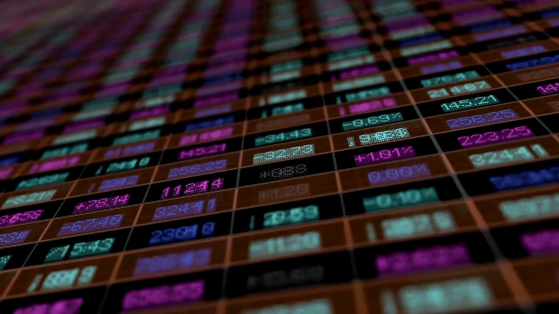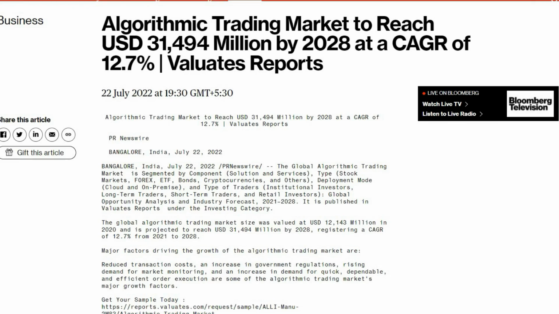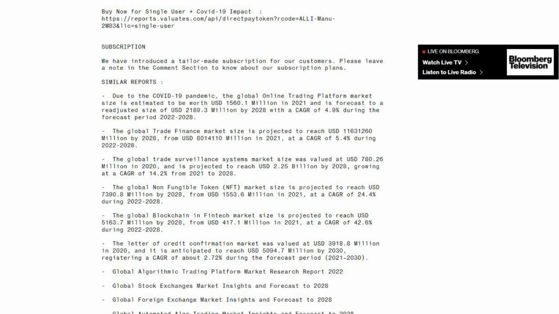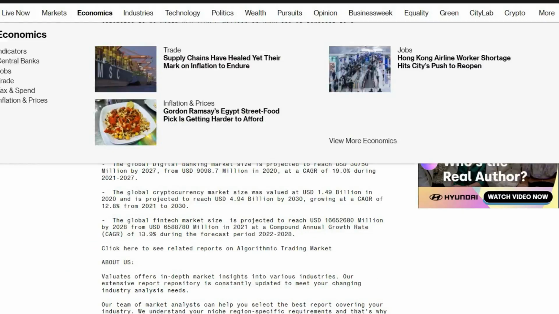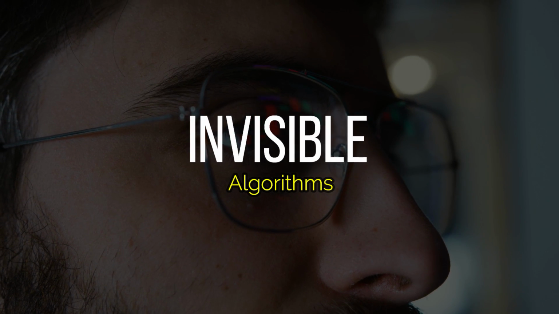Talking about algorithms, most of you are already aware of this. Nearly 60 to 70% of the trading activity in the global financial markets usually takes place because of algorithms. Most of the time, this algorithmic activity is invisible to most traders.